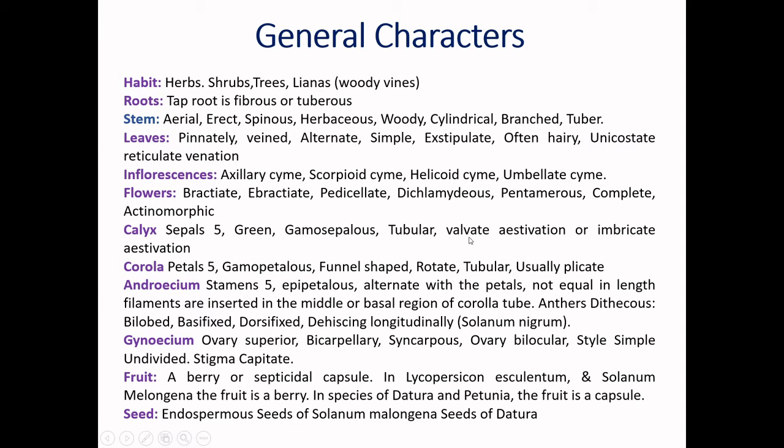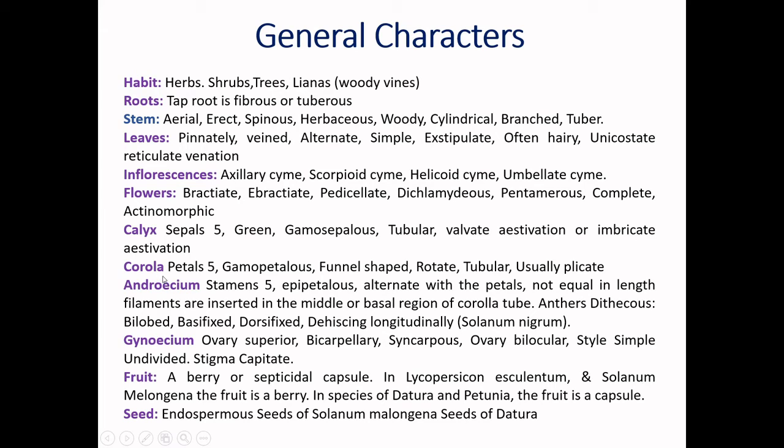Aestivation of sepals is valvate. Valvate means each and every sepal is free from each other. They are not overlapped or no overlapping to each other. Or sometimes imbricate aestivation is there. Imbricate means one sepal is inner side, one sepal is outer side, and the other 3 become alternate. This is the arrangement of sepals.